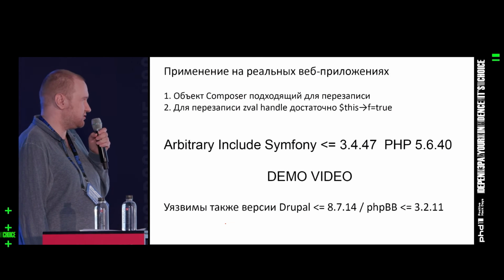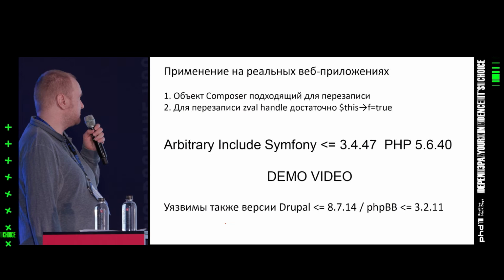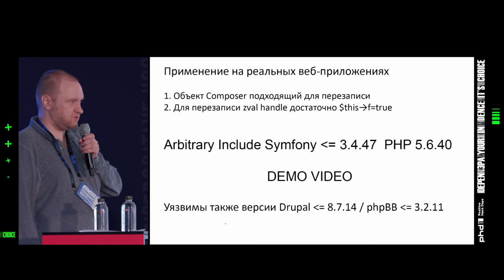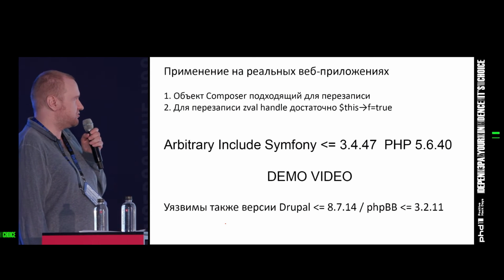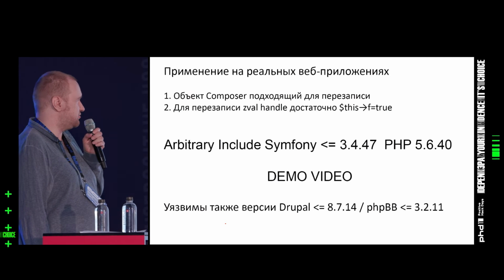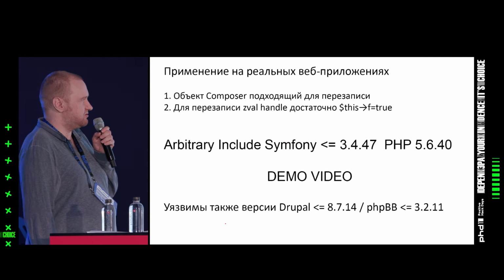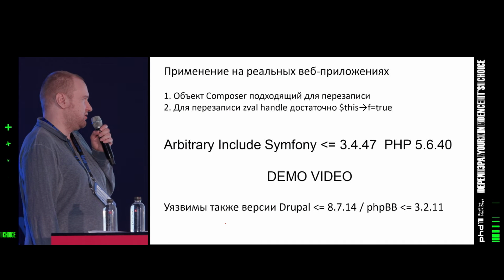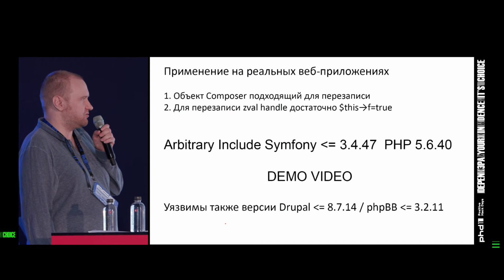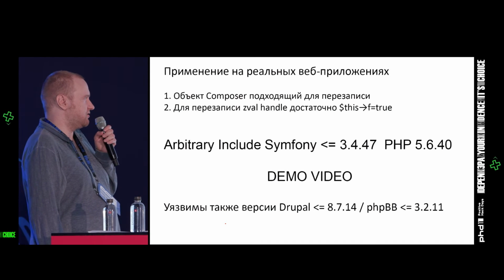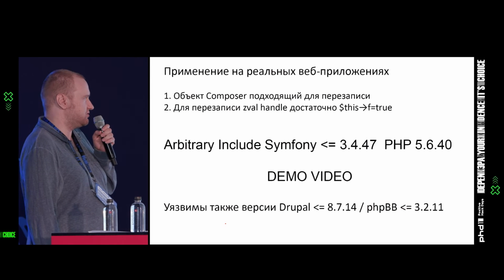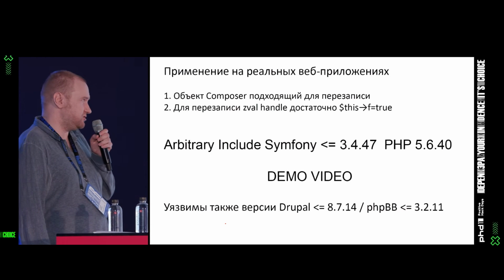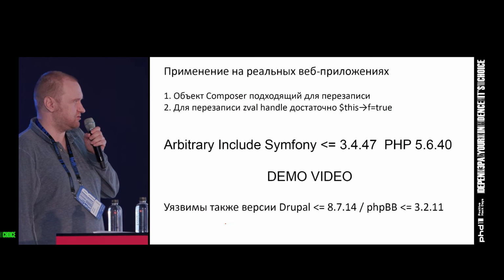If Composer is used by default, according to the manual, the first object created is Composer, which is great. It allows us to include files, but like Daniel said, you need to rewrite the handle field. It would be enough to just put one.